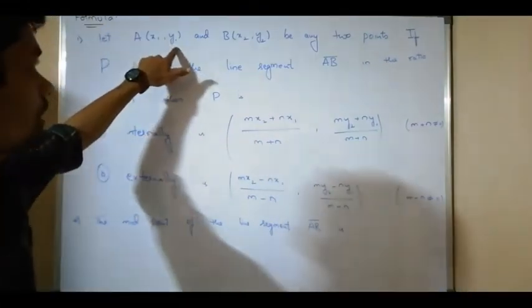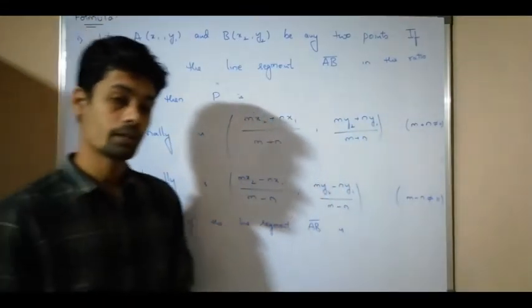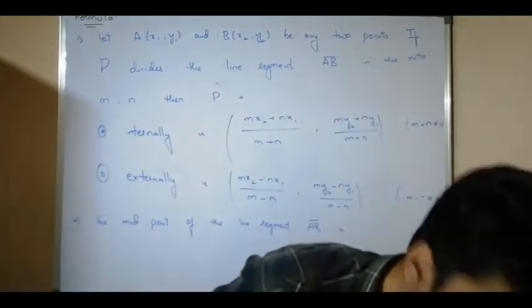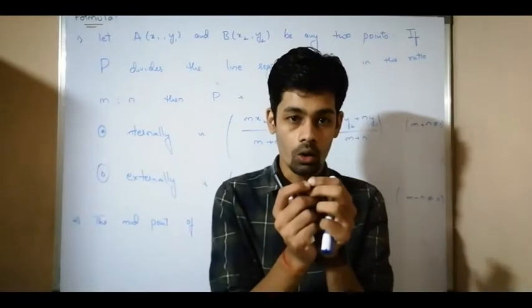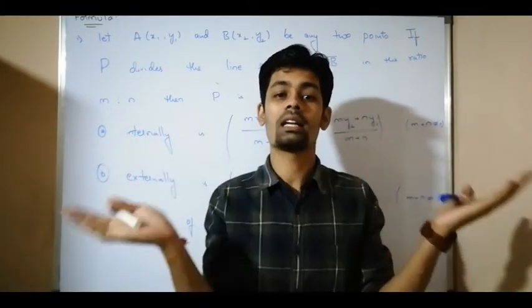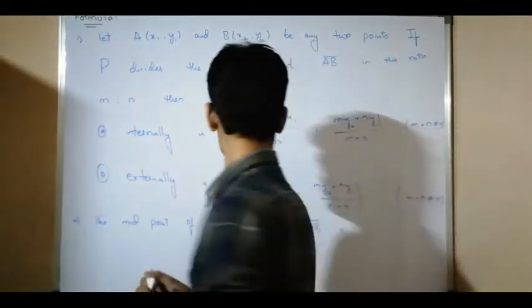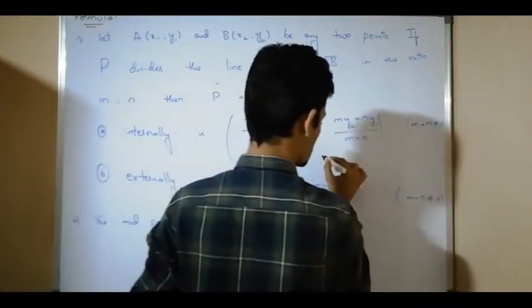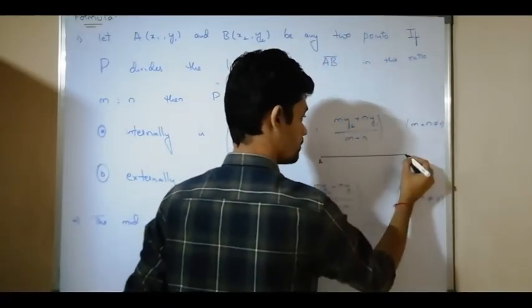A is x1, y1, B is x2, y2. Now what is a midpoint? A point on the line segment AB which makes both sides equal distance. That point is said to be a midpoint. Here, suppose this is the line segment A and B.